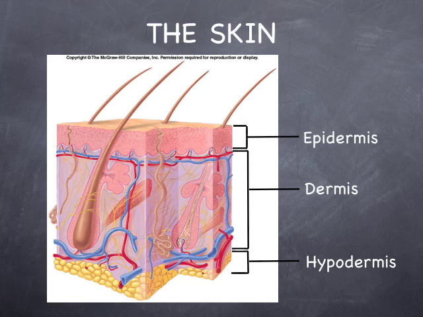Now, within each one of these sections, there are some other kinds of structures. What we just did was we named the major tissue that forms this. But if you look down here, you see a lot more than just areolar connective tissue, don't you? And if you look at the dermis, you see a lot more stuff going on.